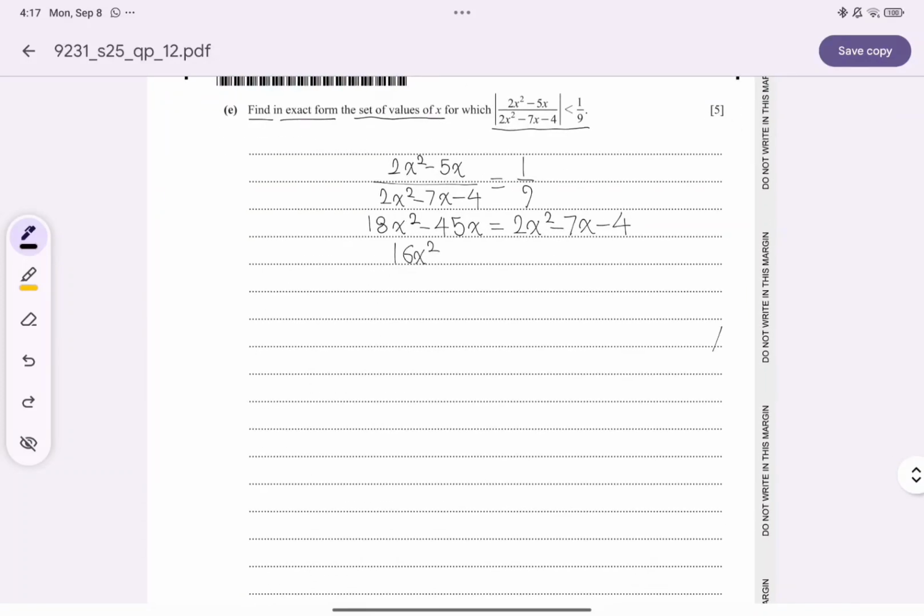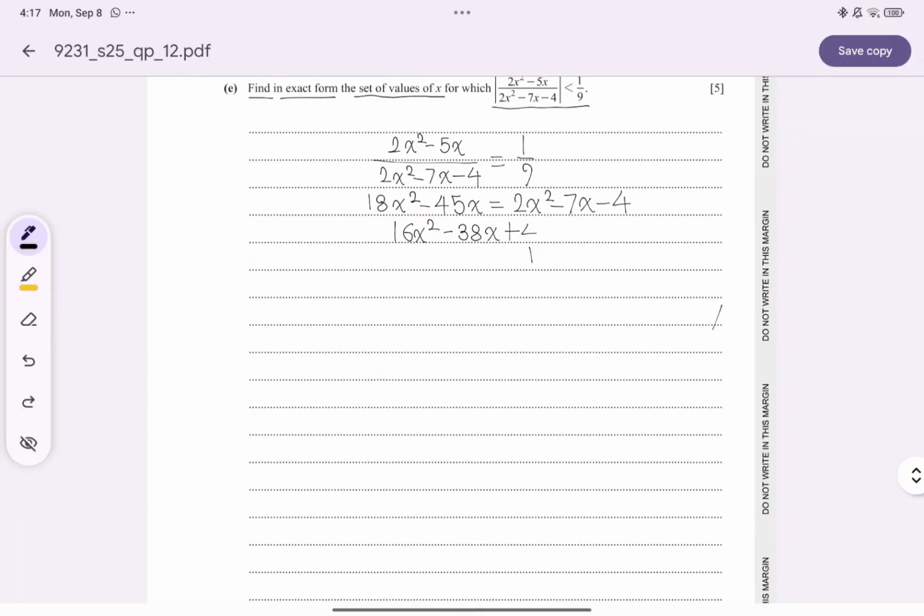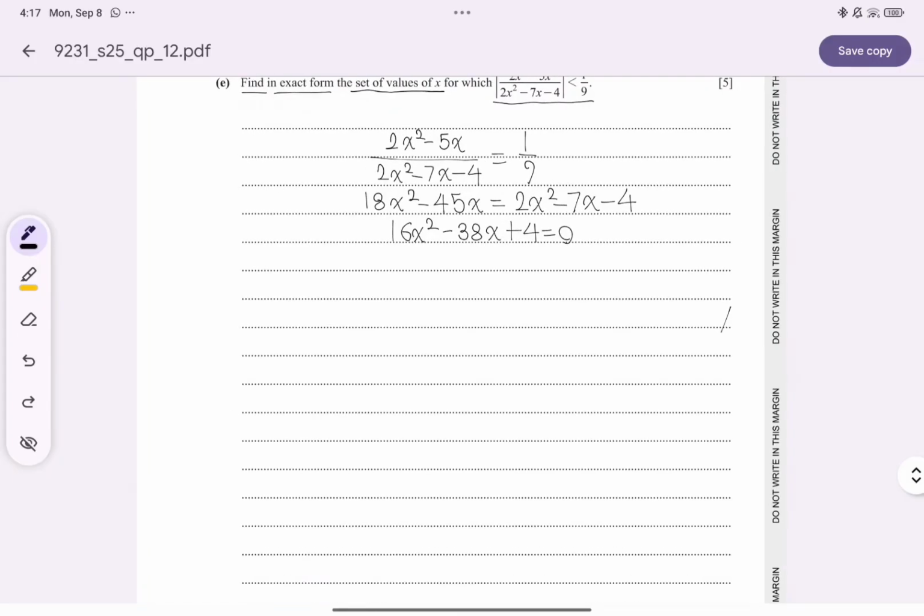Simplify, and you'll get 16x squared minus 38x plus 4 equals 0. Now, 8x squared minus 19x plus 2 equals 0.